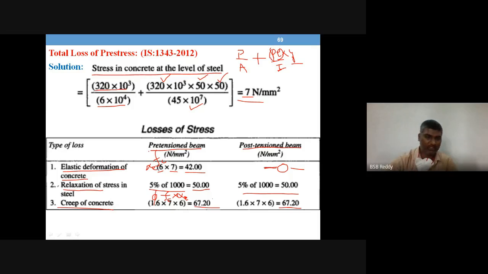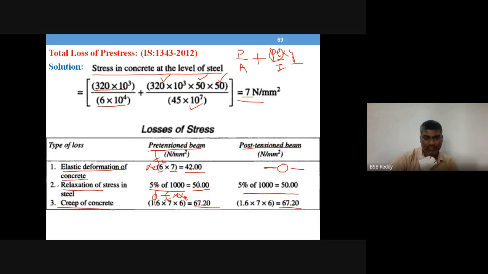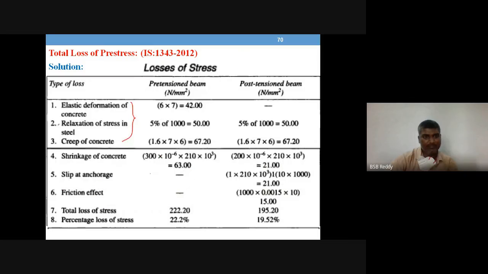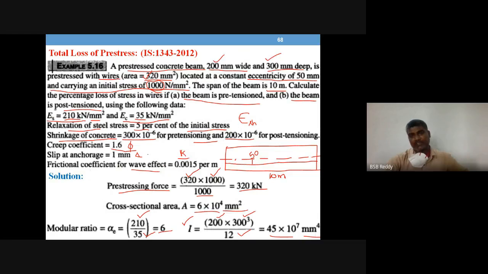It will be there in pretension and post-tension. Coming to the fourth one, all three of those are copied again here, just to put them in a single slide. Now coming to the fourth one, shrinkage. The shrinkage strain is different for different cases.